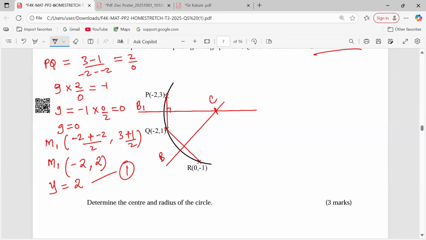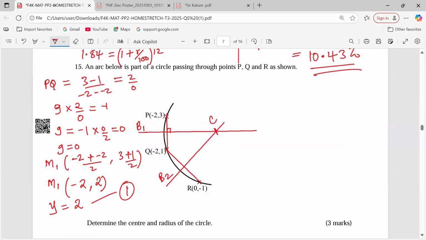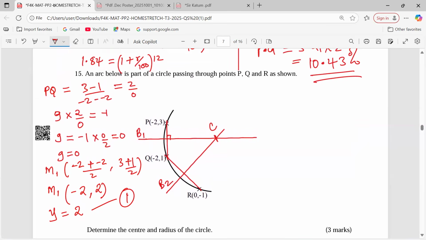What about B2 here? You have a line bisector 2. The bisector 2 of QR will have, let's get the gradient of QR. So QR gradient shall be 1 minus negative 1 out of minus 2 minus 0. 1 minus negative 1 is 2, minus 2 minus 0 we get negative 2. So negative 1 is the first gradient, meaning that the gradient of B2 will be 1.